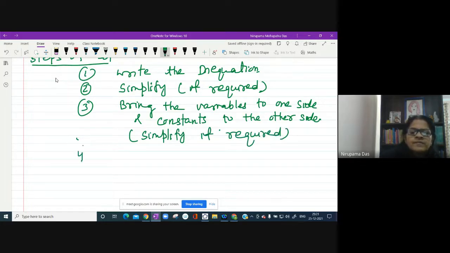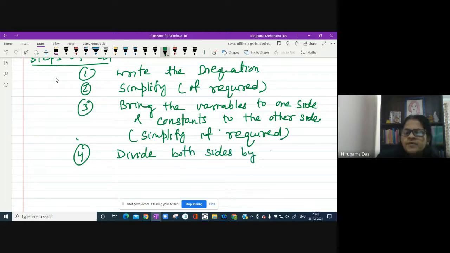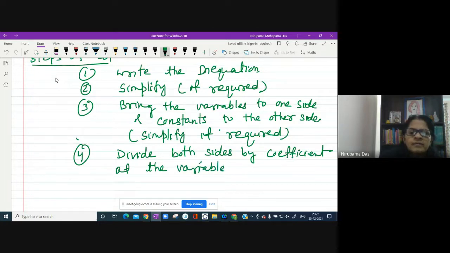Okay. Fourth step is divide both sides by the coefficient of x, or any variable. The coefficient of the variable. Okay, the variable may be x, y, t, whatever.